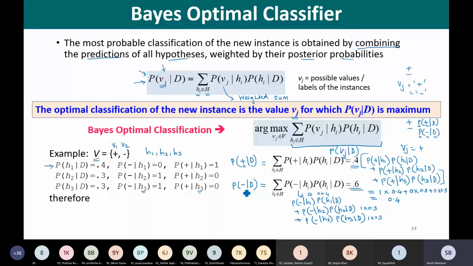Now, we have computed these quantities for positive class and negative class. So we would like to pick the class for which this quantity is maximum. So we have two quantities, 0.4 and 0.6. Which is the maximum quantity? This 0.6. So we need to pick the VJ.